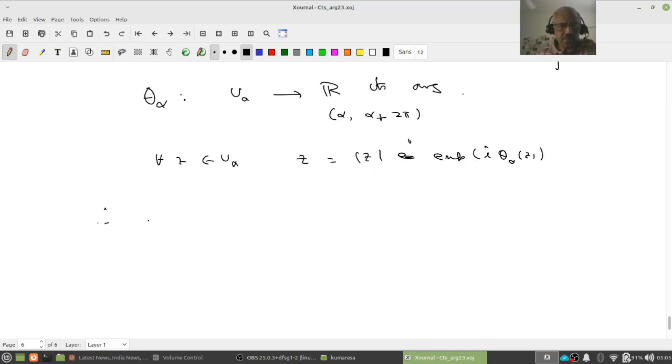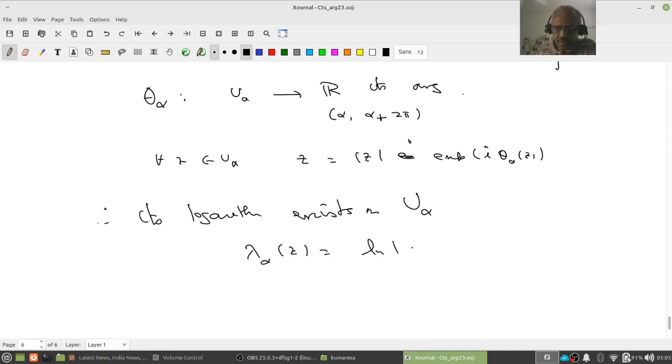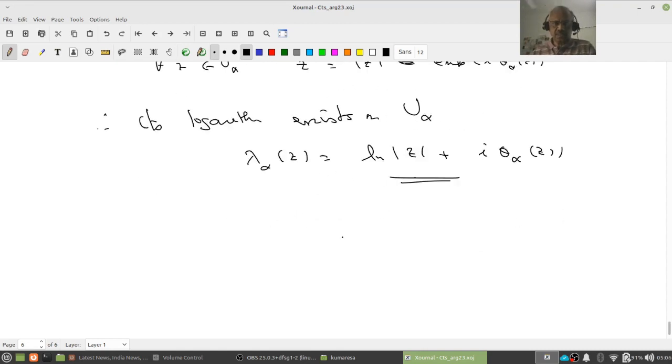Therefore, a continuous logarithm exists on U alpha. Why? I define lambda alpha of z equal to natural logarithm of mod z plus i theta alpha of z. But the interesting fact, I will make it a separate video.